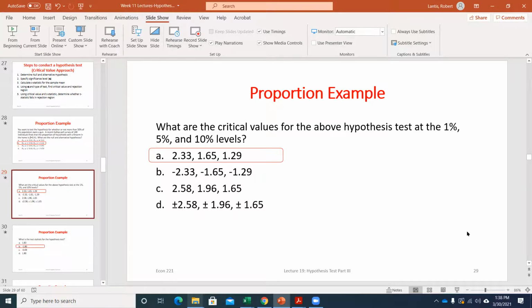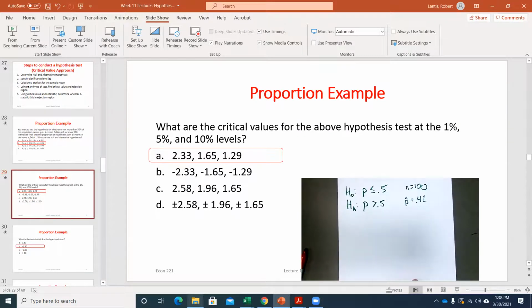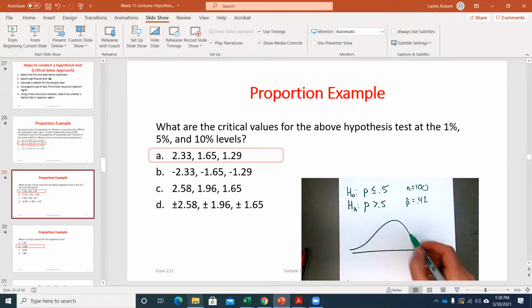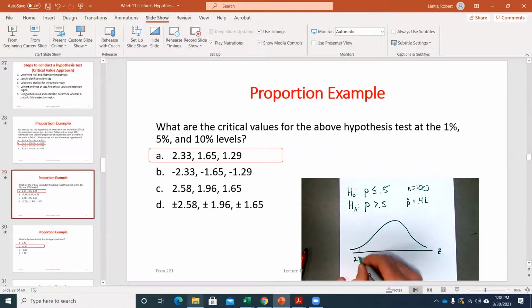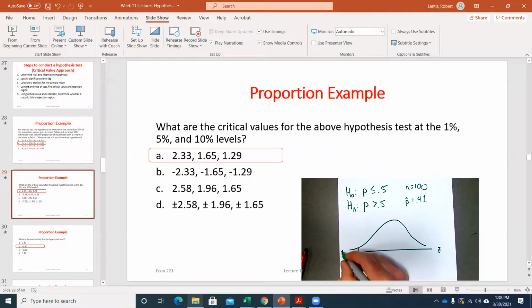If we wanted to think about what this is going to look like, I'm going to really draw exaggerated too, so this won't be to scale. So 2.33, here's my rejection region.